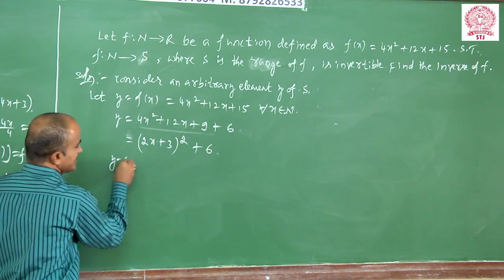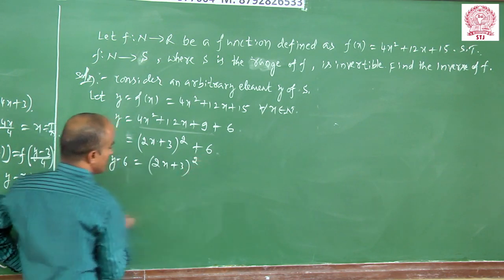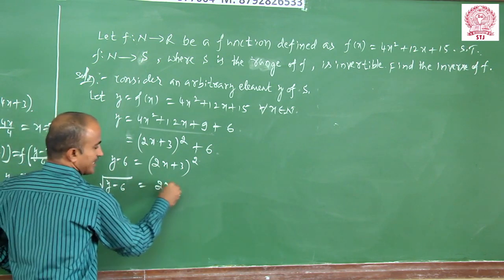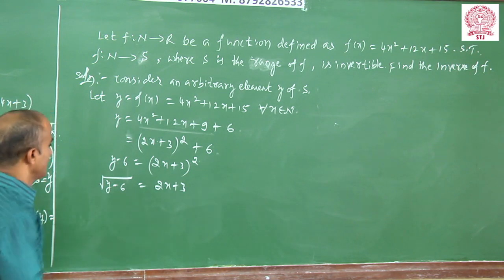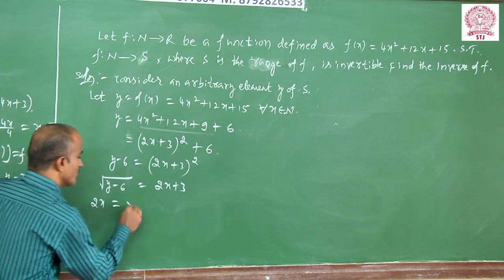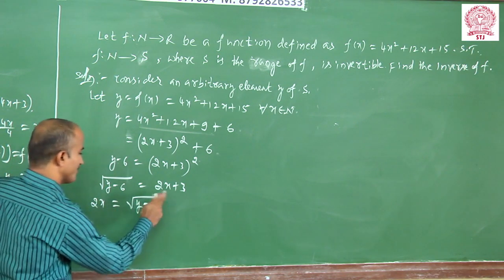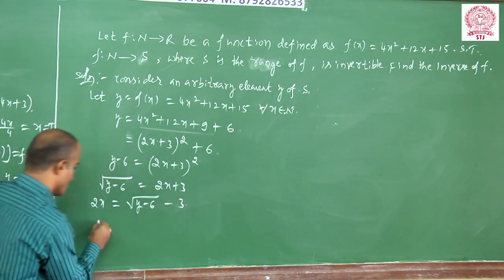Then y minus 6 equals (2x plus 3) whole square. By that, root of y minus 6 equals 2x plus 3. So 2x equals root of y minus 6 minus 3.